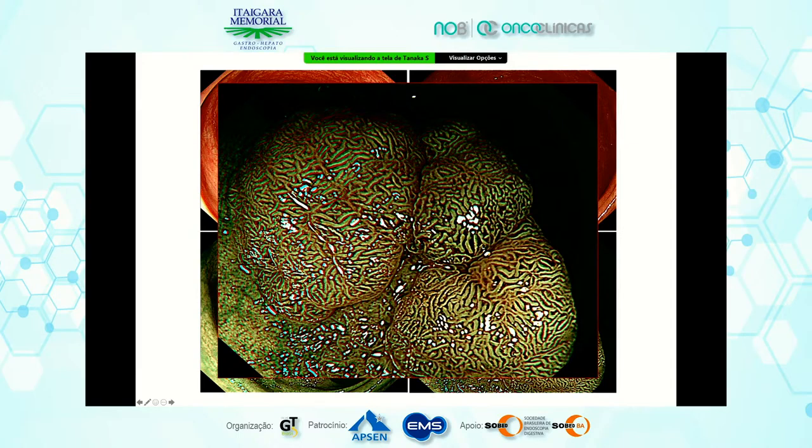You can see the regular pit-like pattern as a IIIL pit pattern in indigo carmine dye spraying magnification. Please remember this regular structure. It is necessary to compare it with irregular patterns later.